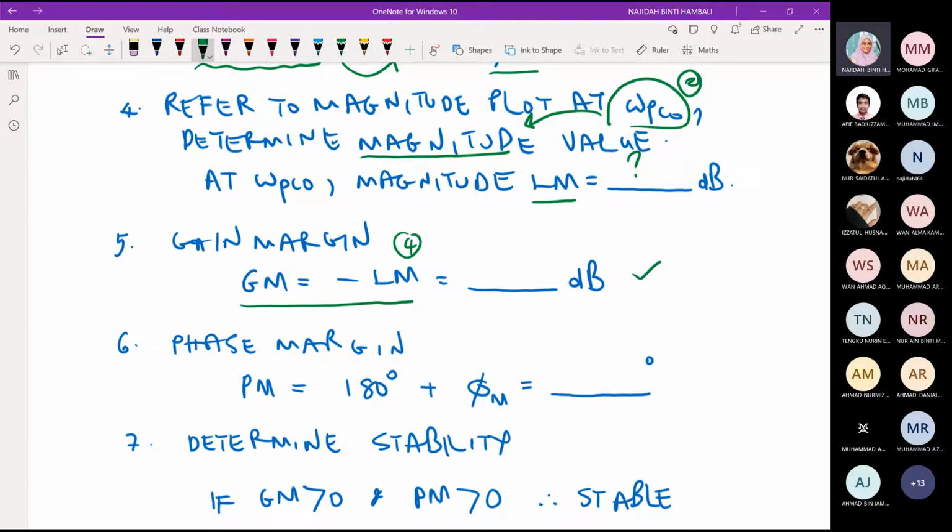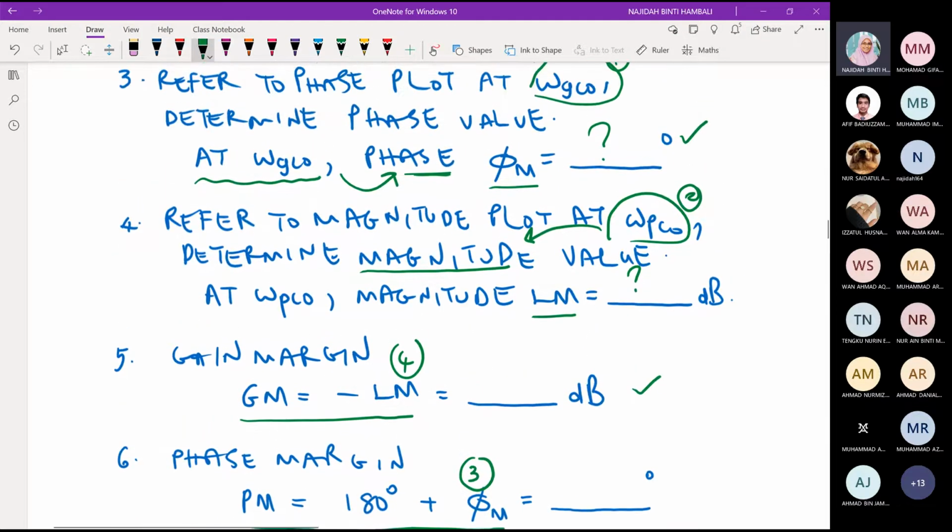The phi m is from step number 3. Determine your phase margin. The formula is phase margin equals 180 degree plus phi m, where phi m is what you determined from step number 3. So this is your phase margin, unit in degree.